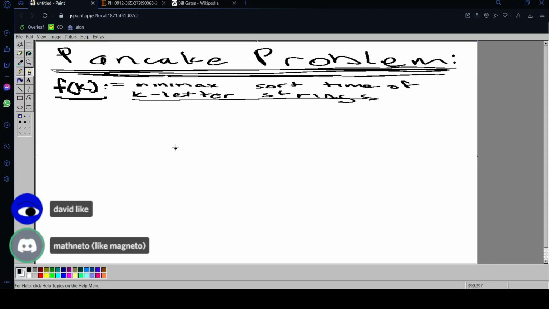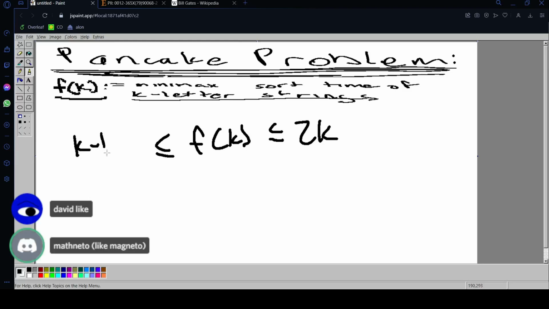I'm going to quickly go over why f of k is at most 2 times k and at least k minus 1. Wait, is it 2 to the k or 2 times k? 2 times k. You can get nice simple bounds.